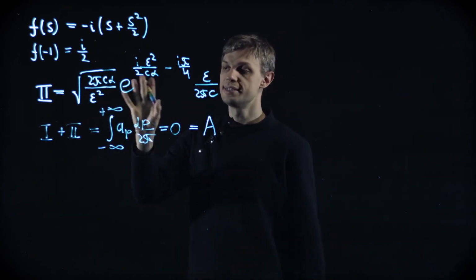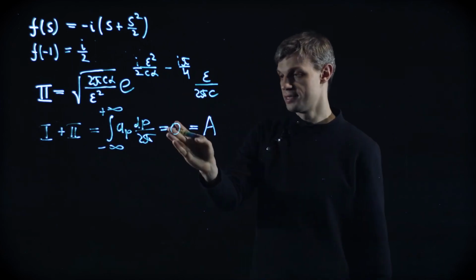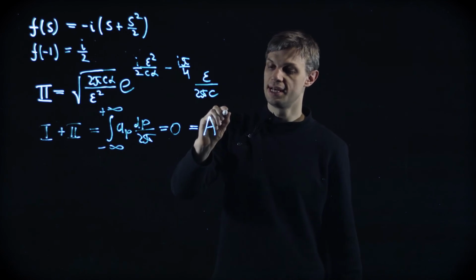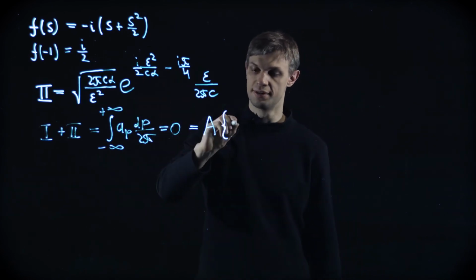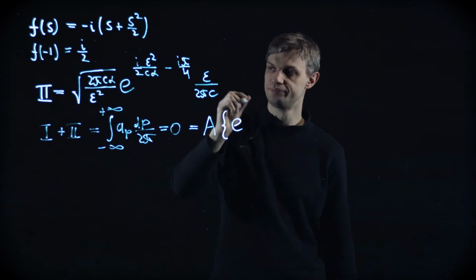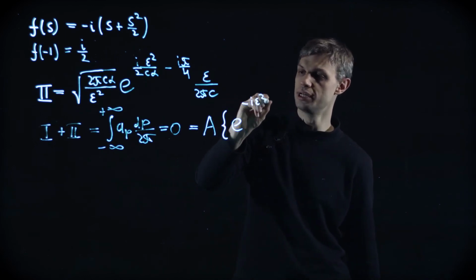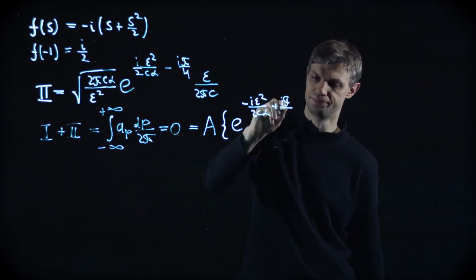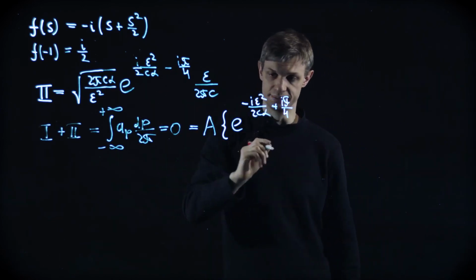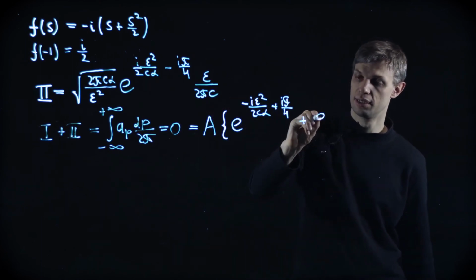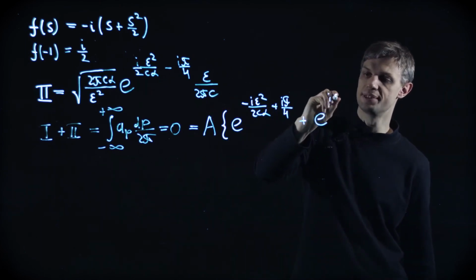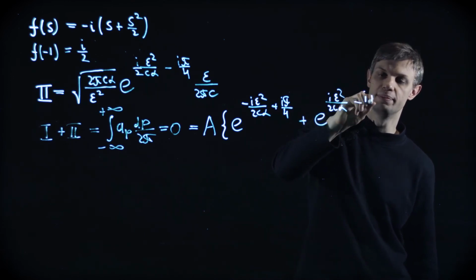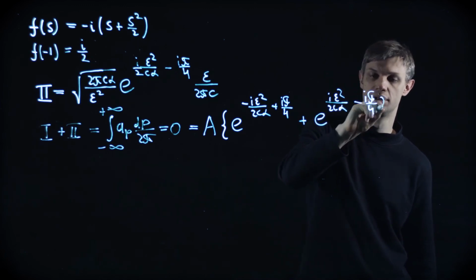This prefactor is essentially irrelevant because the left-hand side is going to be equal to 0. So it's simply some constant A times the sum of these two exponentials. The first one is minus i epsilon squared over 2C alpha plus i pi by 4. And the second one is i epsilon squared over 2C alpha minus i pi by 4.